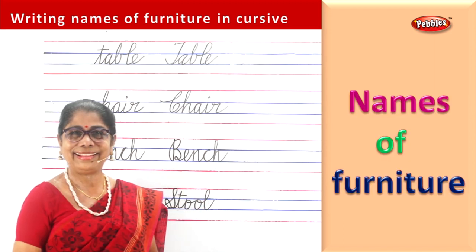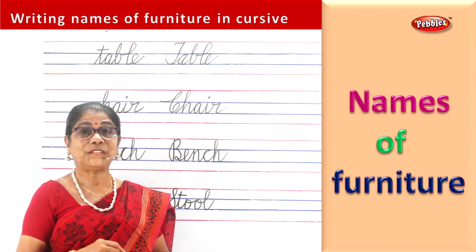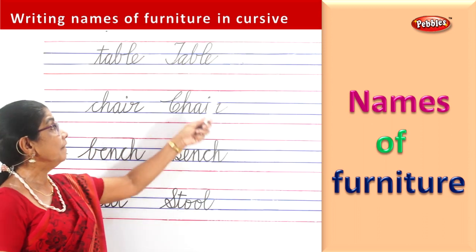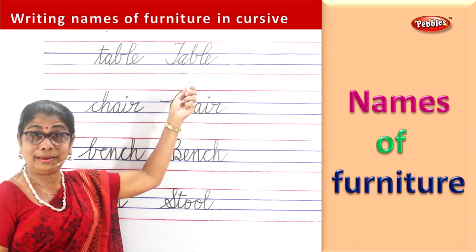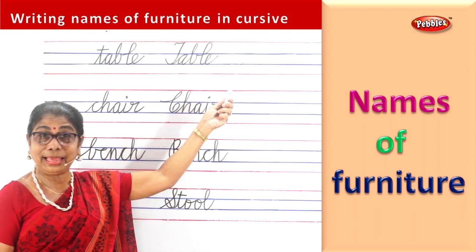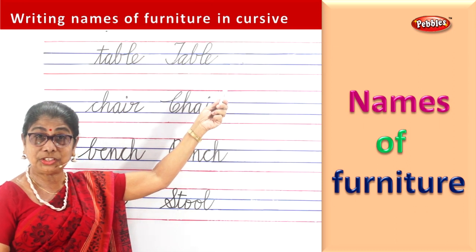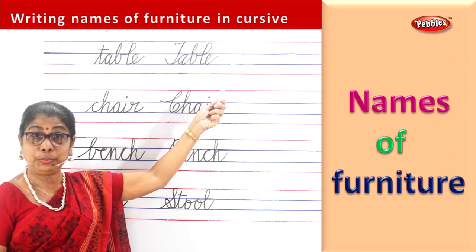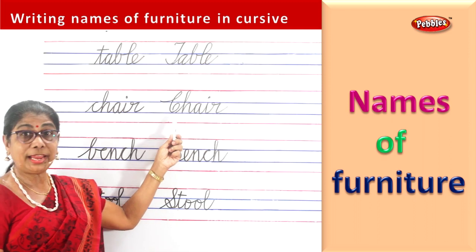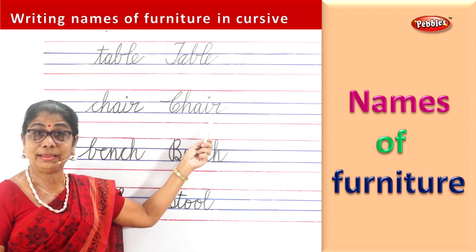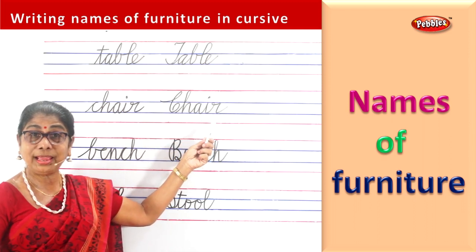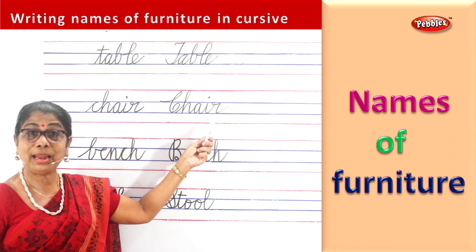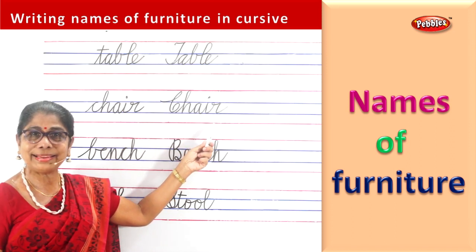Stool. Look at the 4 furnitures we have written. First, table. T A B L E, table. We keep things on the table. You can keep a book and write. Chair. C H A I R, chair. You sit on your chair and you keep a book on the table and do writing.